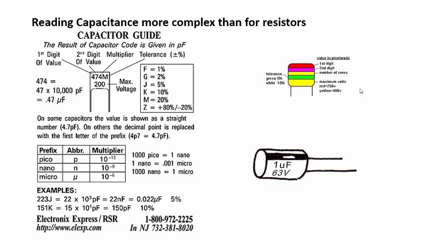There are also capacitors that are painted with stripes on them. In this case it is very similar to a resistor, but the answer that you get is in picofarads. And then there are larger capacitors, usually electrolytic capacitors, and because their package is larger, their value is written right on the package, and it's usually in microfarads.